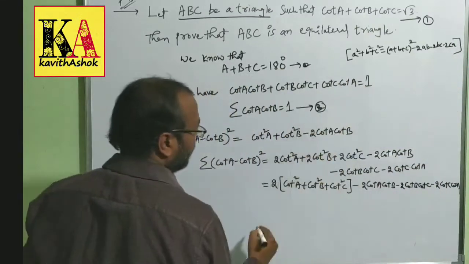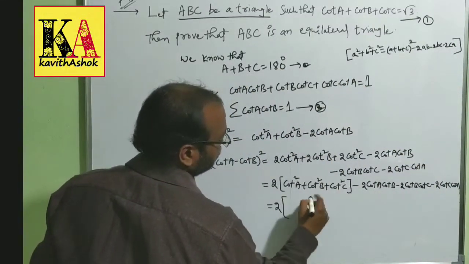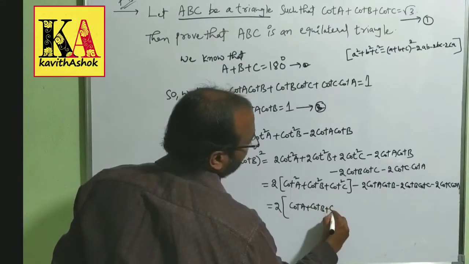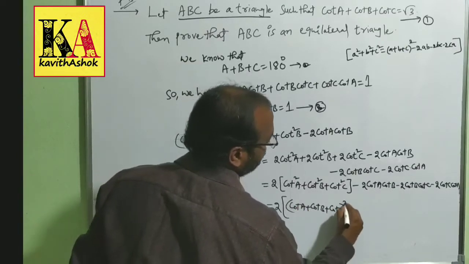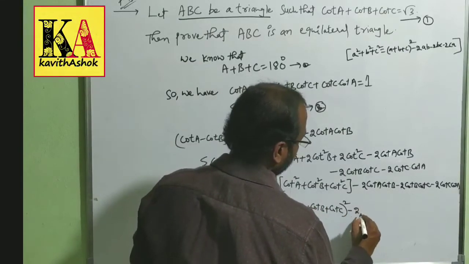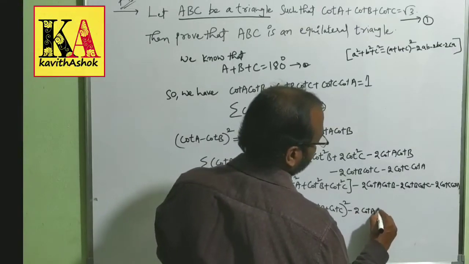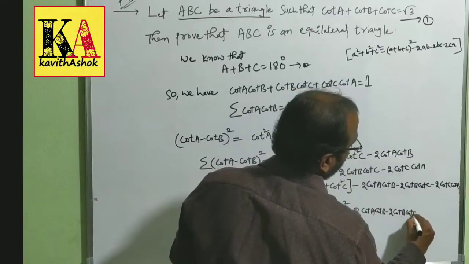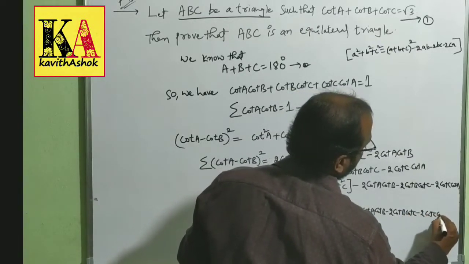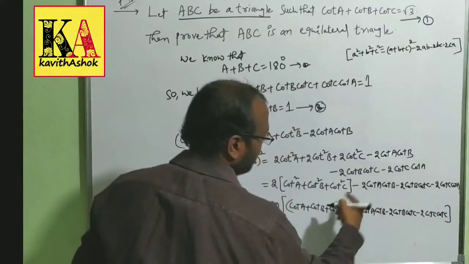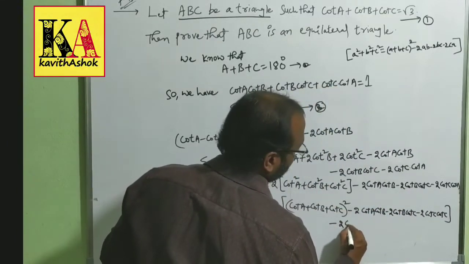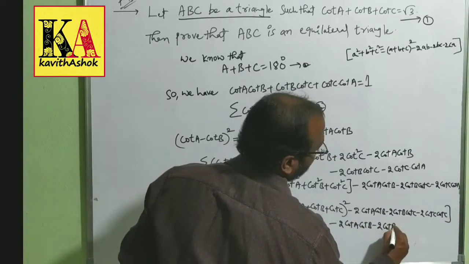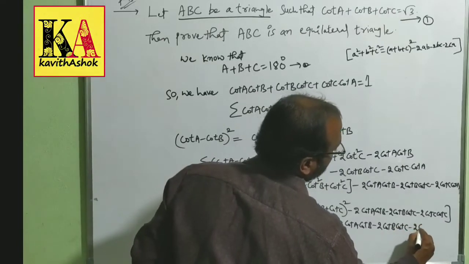So according to that we will write this as 2 into cot A plus cot B plus cot C whole square and minus 2 cot A cot B, minus 2 cot B cot C, minus 2 cot C cot A. Is it clear now? Along with that minus again 2 cot A cot B, minus 2 cot B cot C, minus 2 cot C cot A.